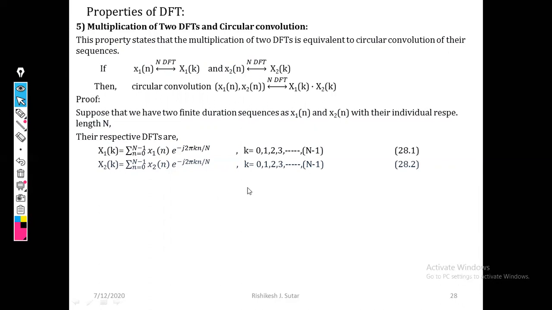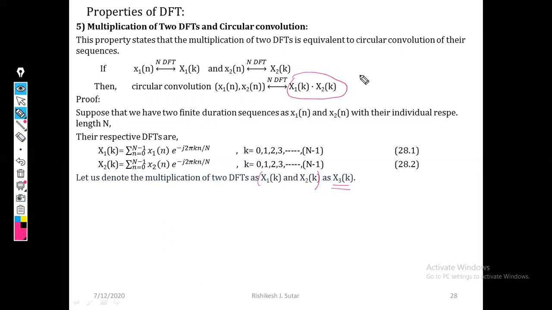Now let us denote the multiplication of the two DFTs, that is x1 of k into x2 of k, as x3 of k. So x3 of k equals x1 of k into x2 of k.